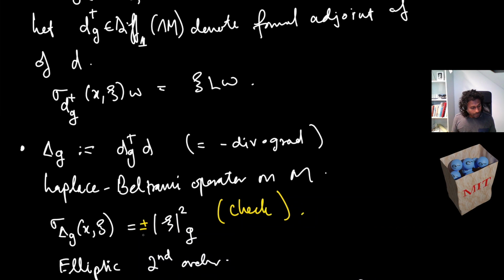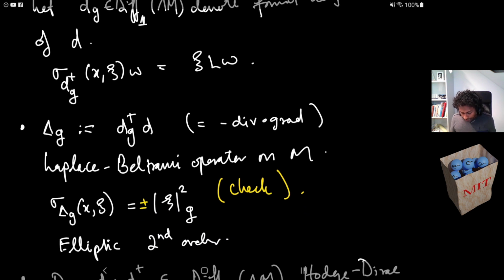So I prefer to have positive operators. So actually, I think it was correct the way that I had it, that it should be a plus sign here and not a minus sign. And the real difference comes in whether you write the Laplacian as div grad or negative div grad.